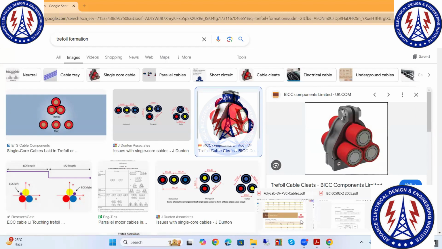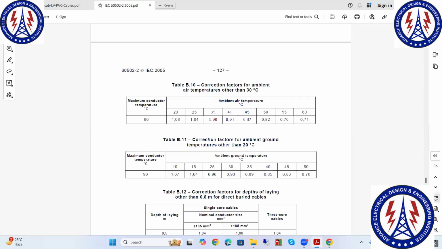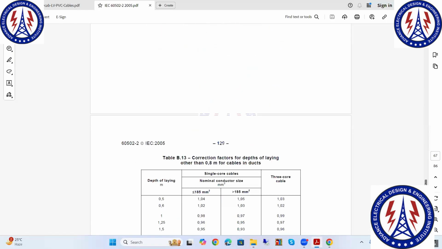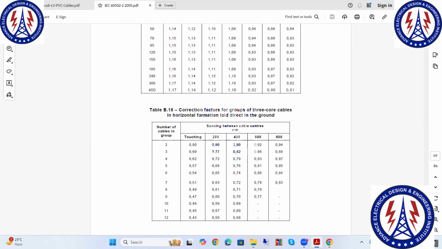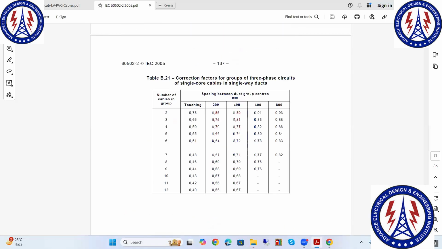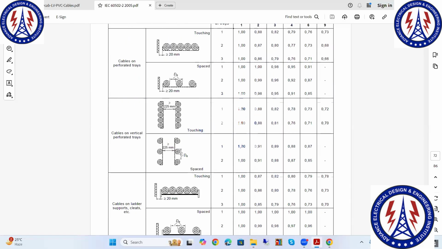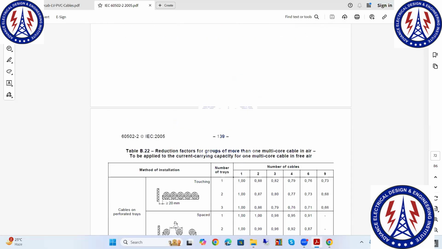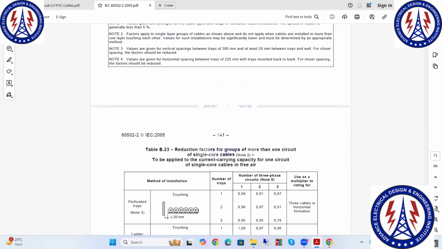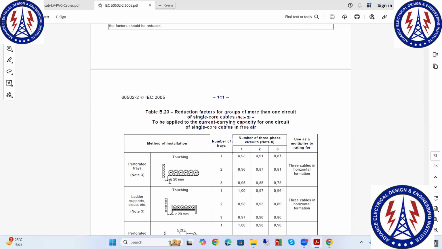Suppose you are not able to use it, then IEC has also defined the derating for flat conditions. So this derating will be used in that case, both for multi-core and for single core. If it is in flat condition, then this derating will be used.